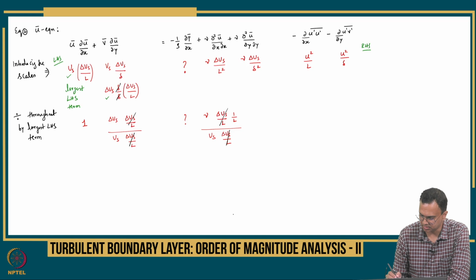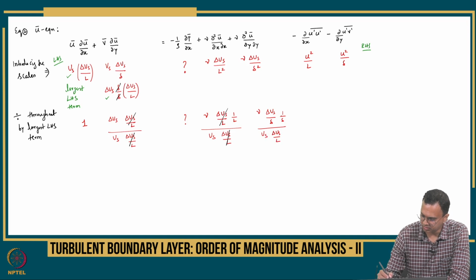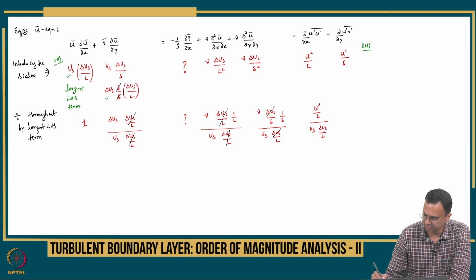So this and this cancel out, giving me this, and then I have the next one, which is nu delta U_s by delta, 1 by delta over U_s delta U_s by L. So here only the delta U_s term goes away, leaving out this, and then I have the two Reynolds stress terms, which is U square by L by U_s delta U_s by L. So the L term goes away.